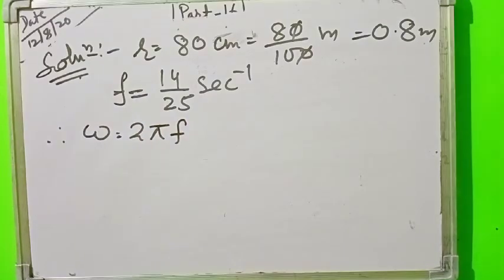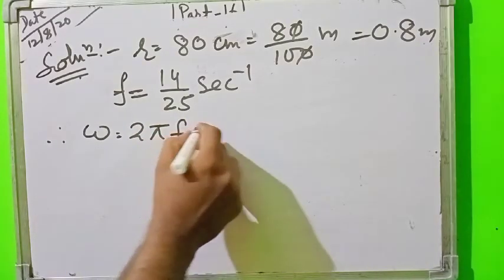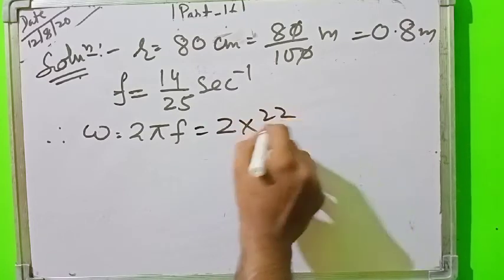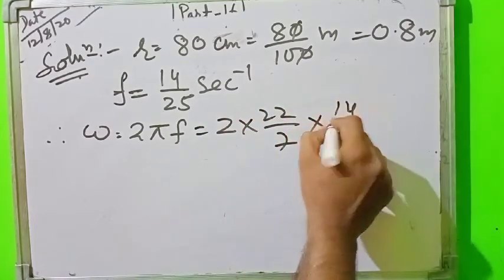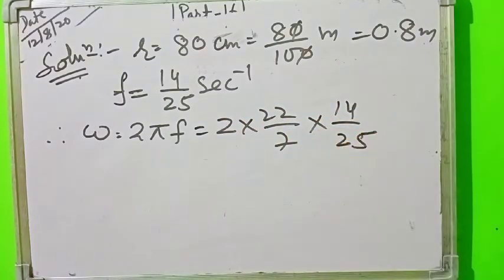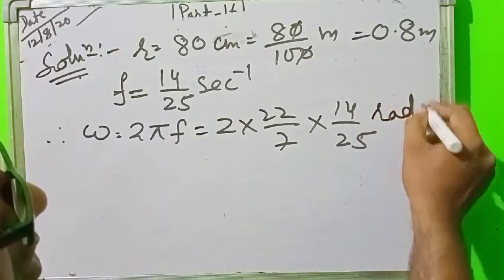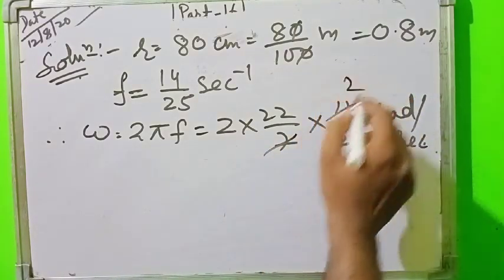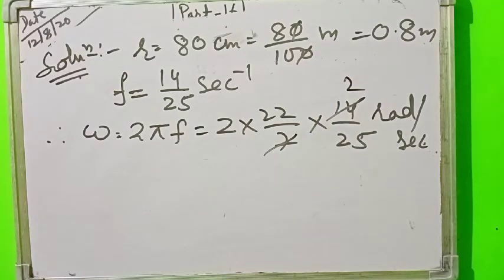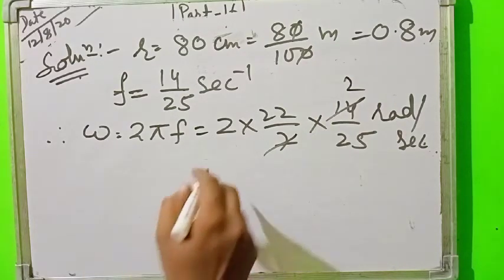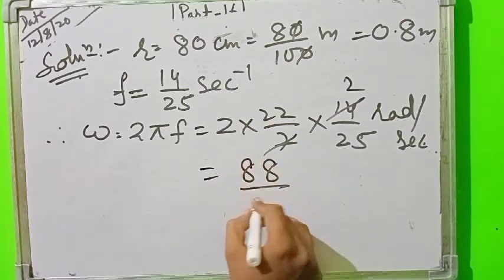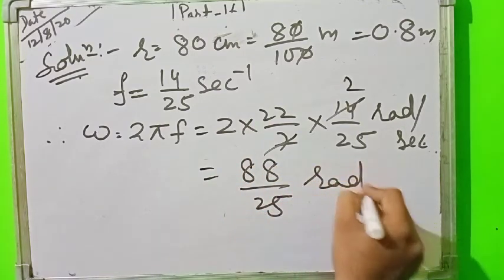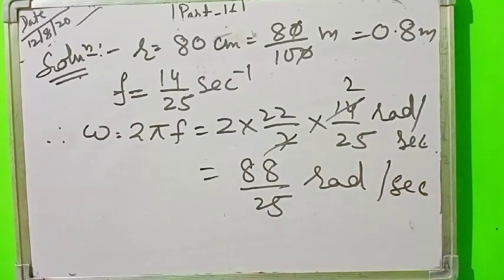From here, 2 into 22 by 7 into 14 upon 25 radian per second, and it is equal to 88 upon 25 radian per second.